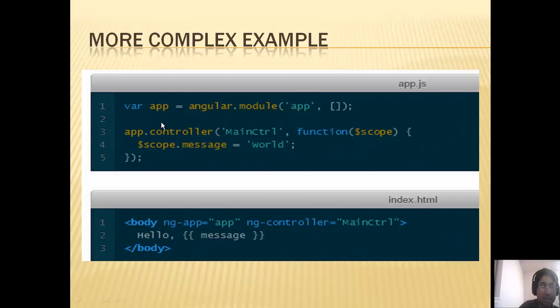But I think big applications will have some structure similar to this. We define different modules, and in those modules we define different controllers. There is one main application module, and that module can contain other modules, and those modules can have controllers, and controllers have their internal models.